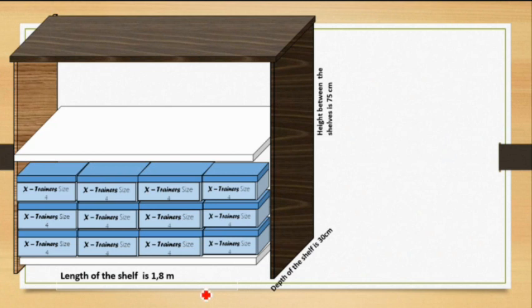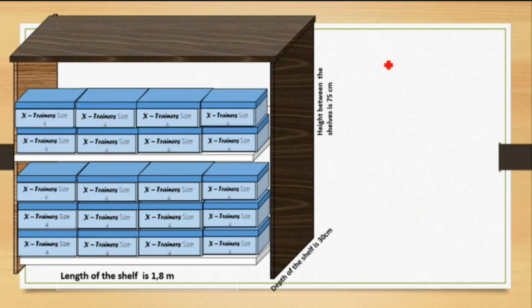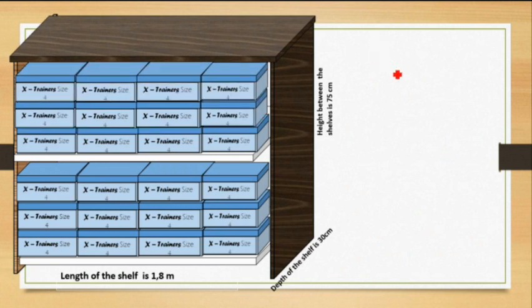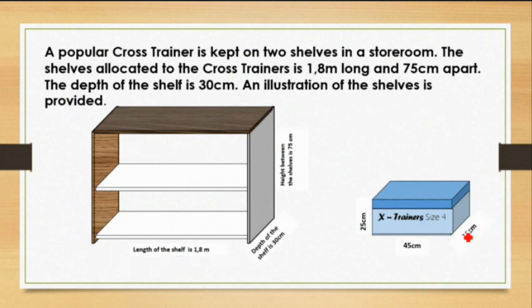But question is, can we do behind each other? We didn't show that method. Can we do behind each other? Let's see. We can't really pack these behind each other, because you can see that the width is 30 centimeters, right? The width here is 30 centimeters, as well as the depth of the shelf is 30 centimeters.